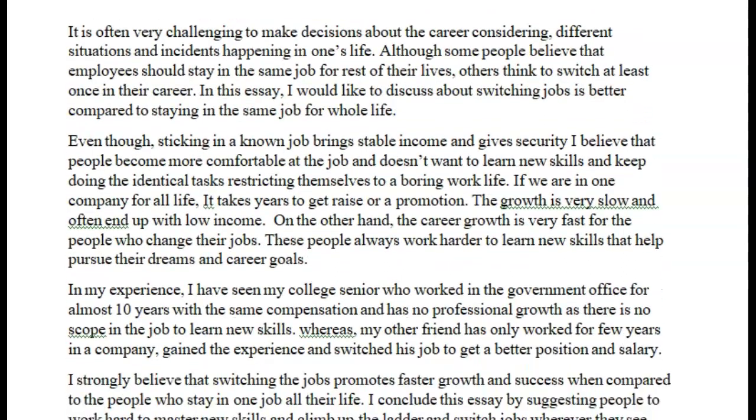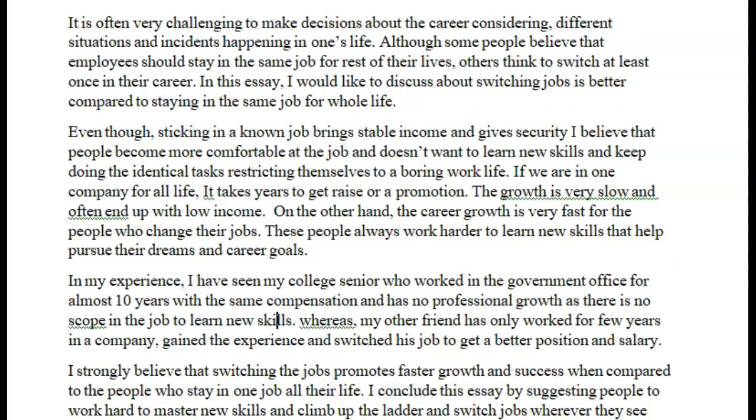My problem is with the way you organize your paragraphs and the way you develop them. So you should have had one paragraph where you talked about the benefits of staying in the same job, okay? That you have familiarity, that you develop camaraderie with your colleagues, that you maybe gain more responsibility as you gain more seniority in the company.